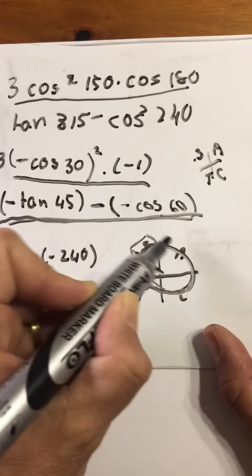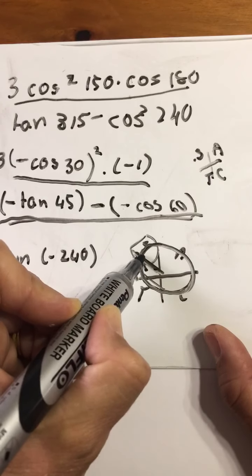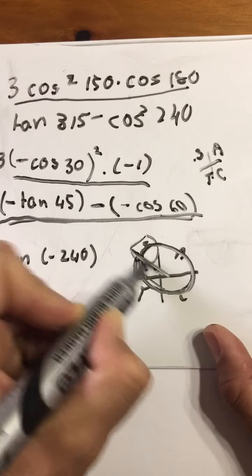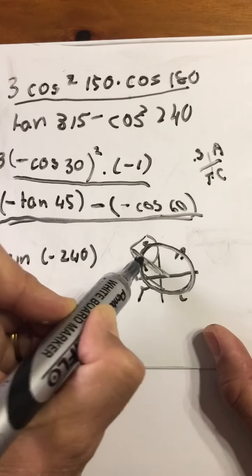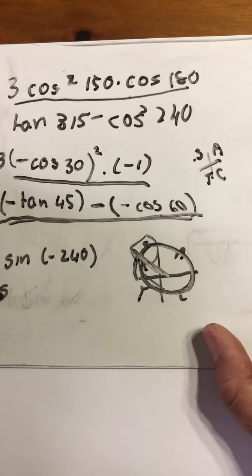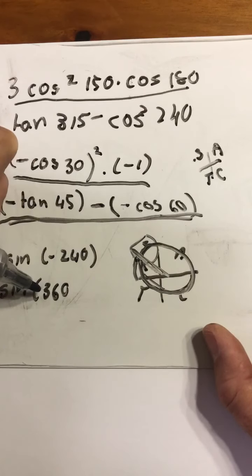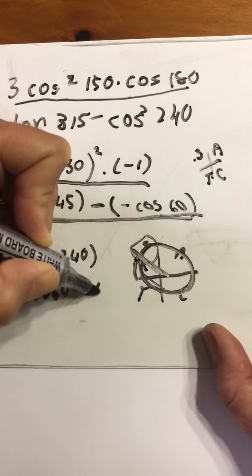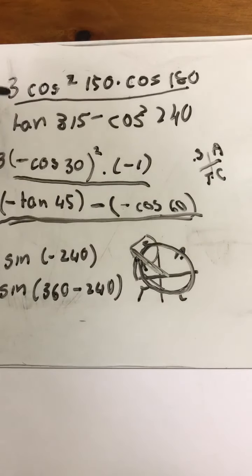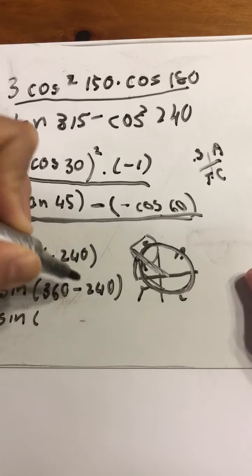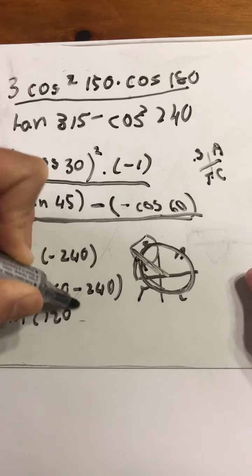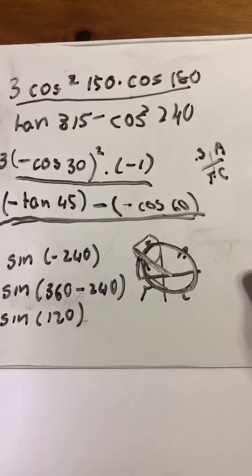I can go 360 as many times as I like. But 360 is quite a useful number because it keeps the angle the same. So theoretically what I can do is just say I've added 360 to the minus 240. And that basically leaves you at sine of 360 minus 240, that's 120. And now it's back to what I'm familiar with.